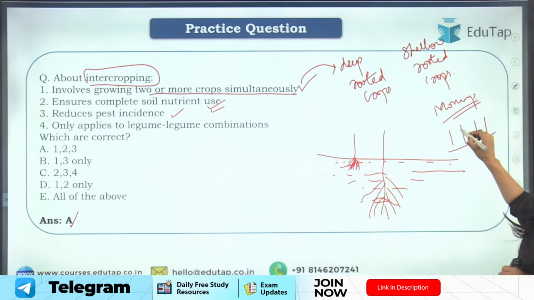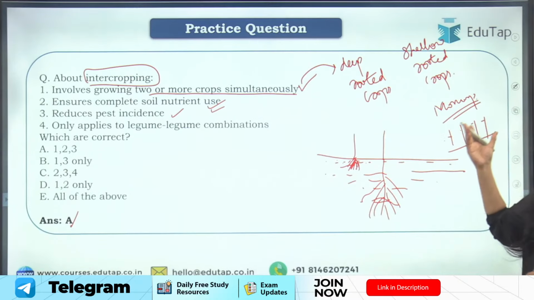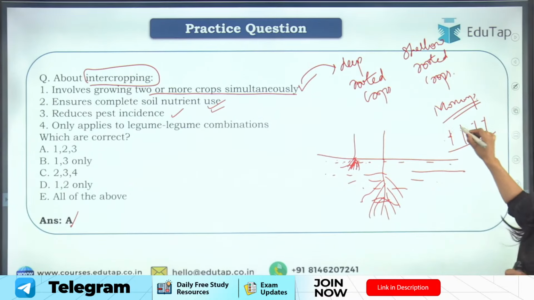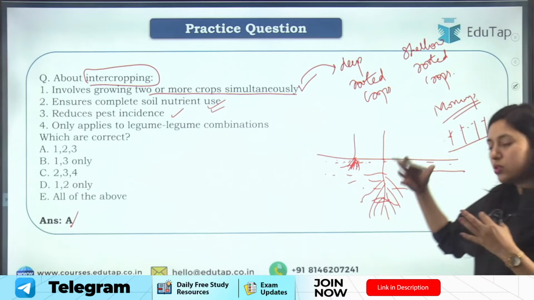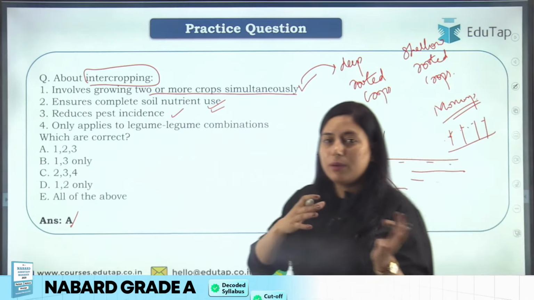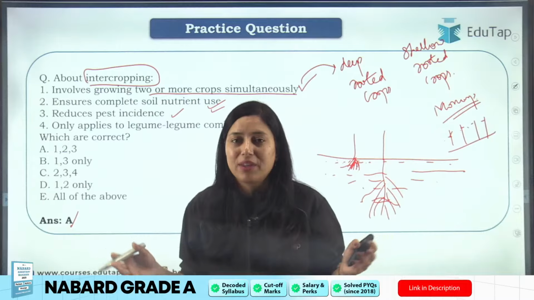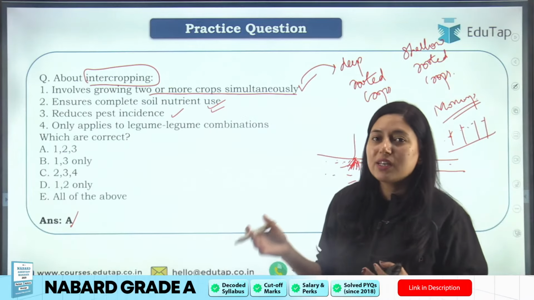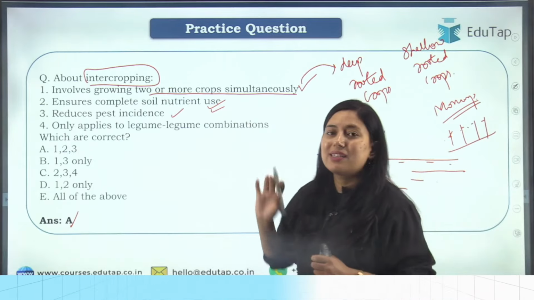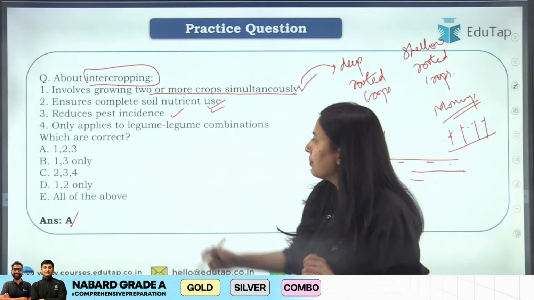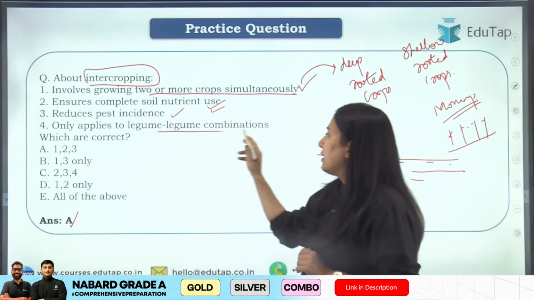So if only rice is there, and there is a pest of rice, it will find a host faster, and that disease will spread quickly. But if we have multiple crops, then we can reduce this pest incidence to some extent. Okay?